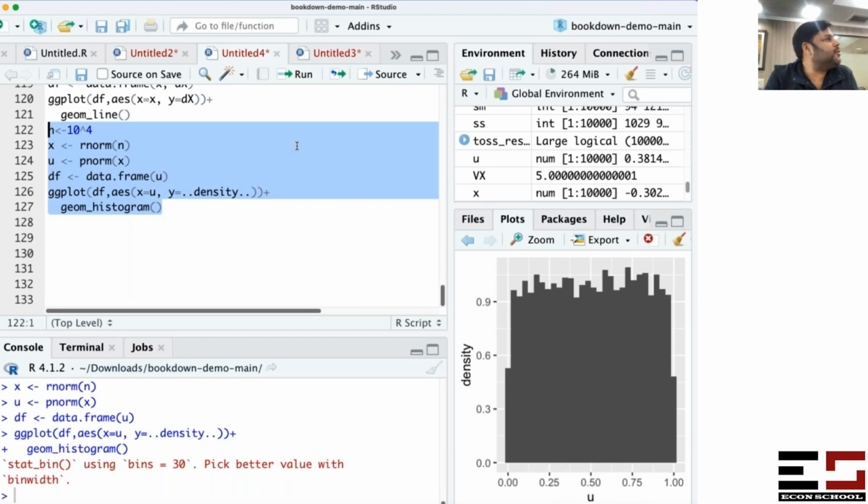Have you understood this? So this is another way of drawing random numbers from the uniform 0, 1 distribution. If you know how to generate random numbers from the normal distribution, you can generate random numbers from the uniform 0, 1 distribution like this. Is that okay? Okay, good.